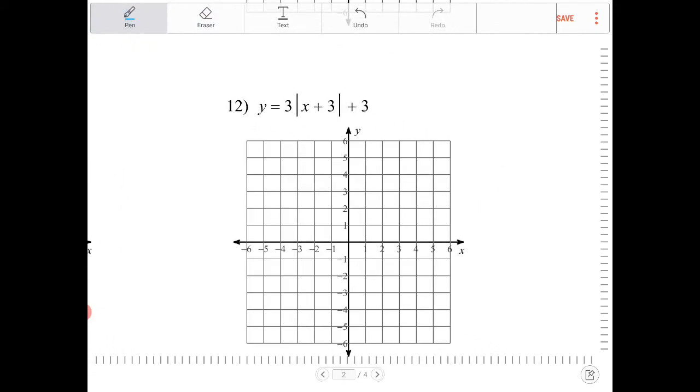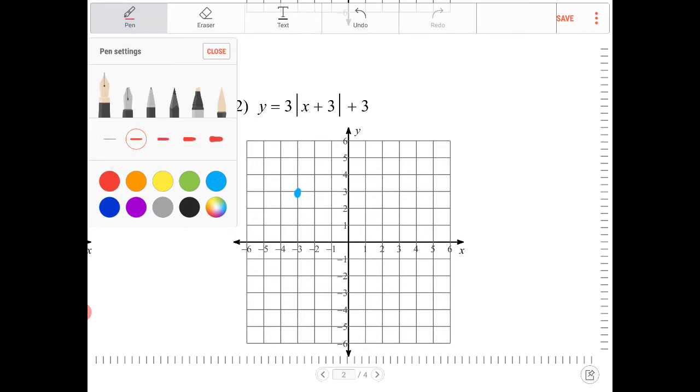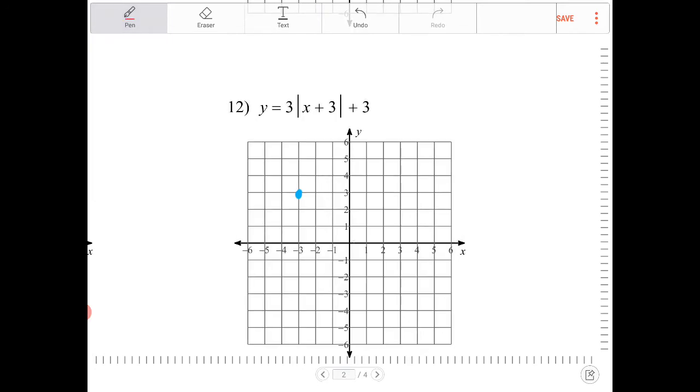Okay, this is a dilation of positive 3. I want to move 3 units to the left and 3 units up, so it's going to be over here. That's my vertex. Because I'm dilating by a factor of 3, remember the original parent function is located over here.